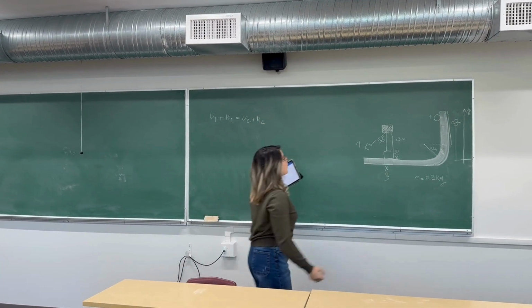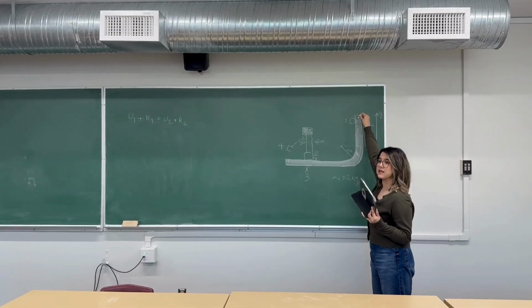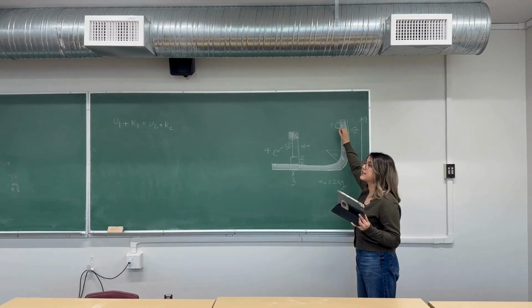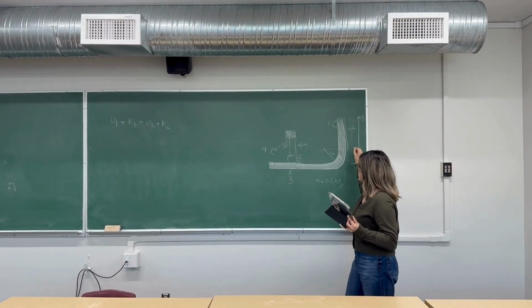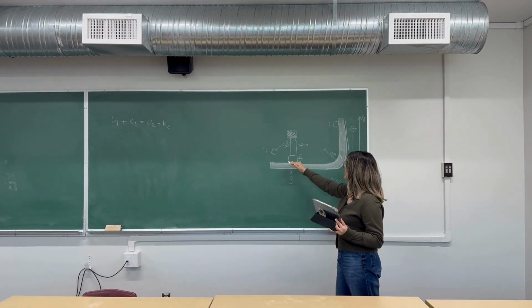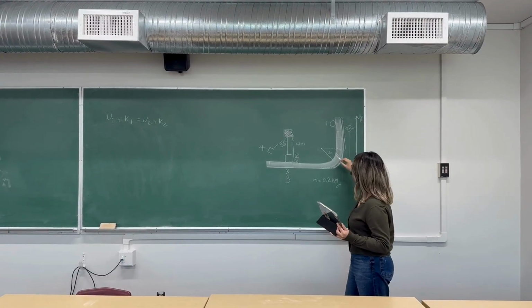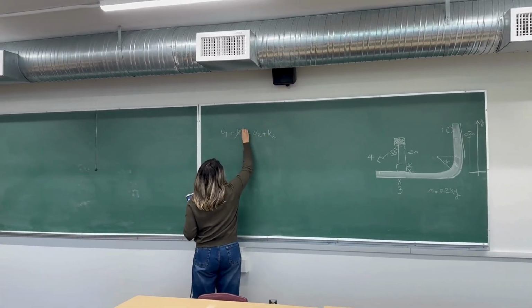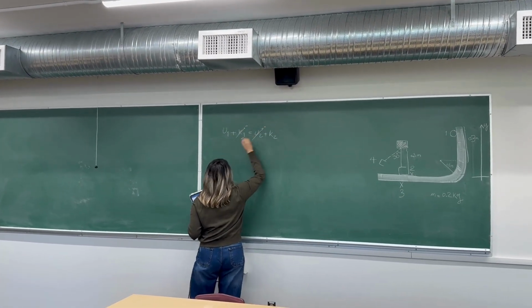Because at point 1, we start the ball from rest, the velocity is 0, so the kinetic energy at point 1 is 0. Similarly at point 2, the height is 0, so the potential energy at point 2 is 0.